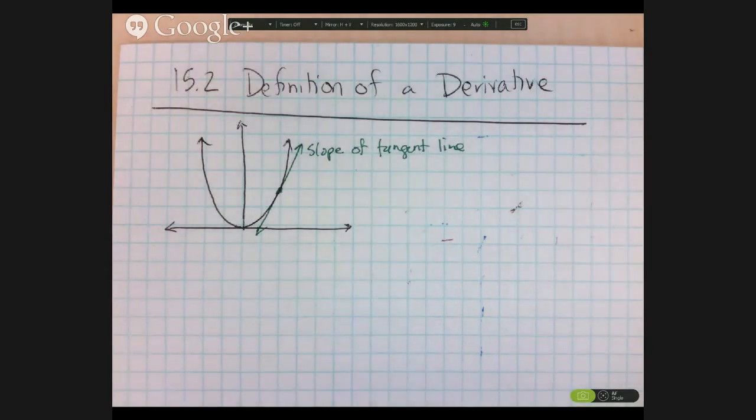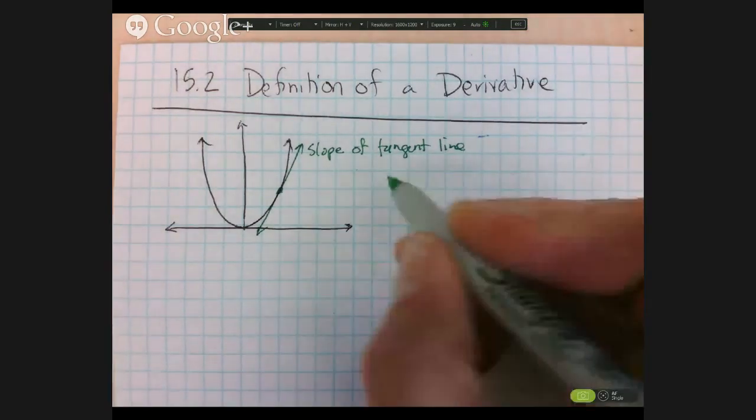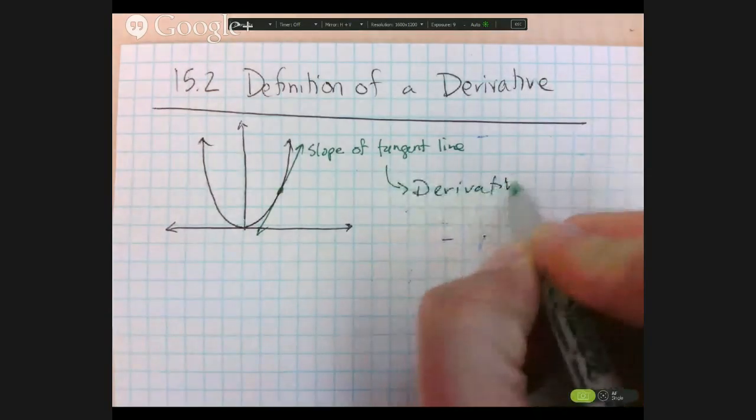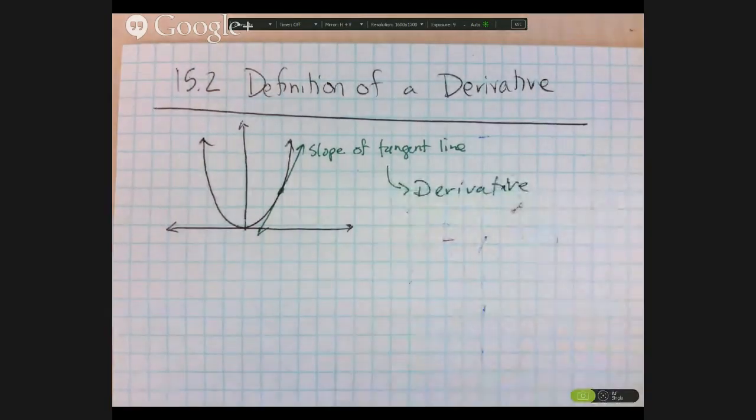Okay. So the slope of a tangent line is actually what we call the derivative. If I take the derivative of a function, it gives me the slope of the tangent line.